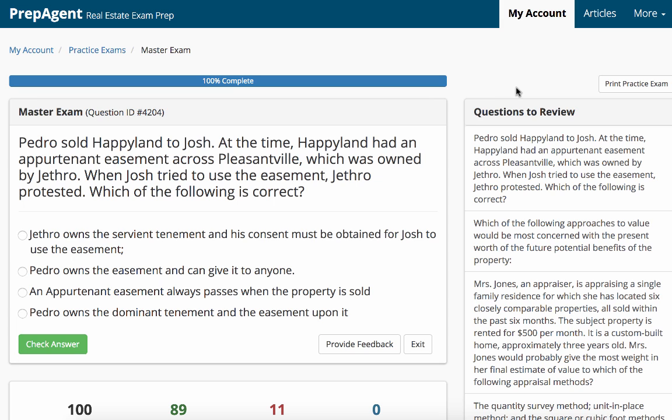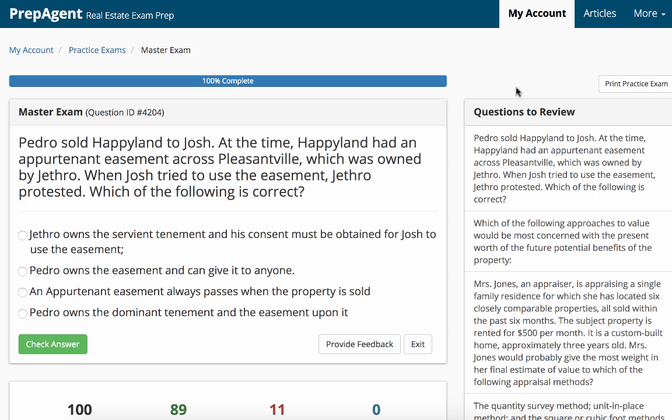Okay. So what do you think the answer is? I have to reread. What do we say an appurtenant easement is? The right to use a neighbor's land. Well, that's what an easement is. What's an appurtenant easement? Actually, an easement is the right to cross somebody's land.